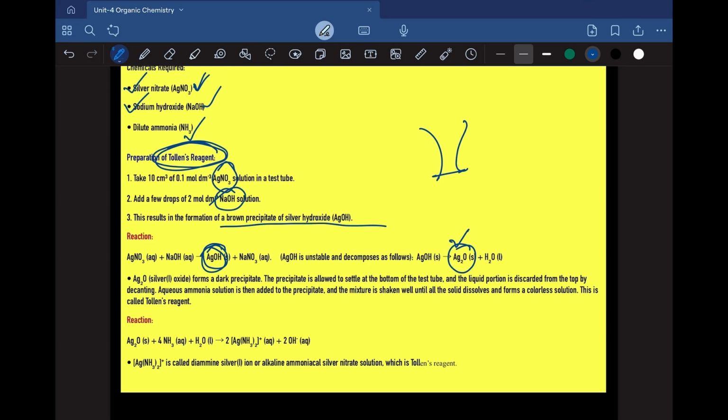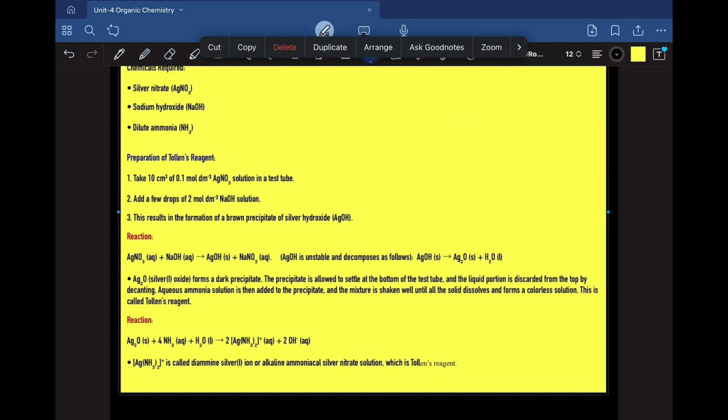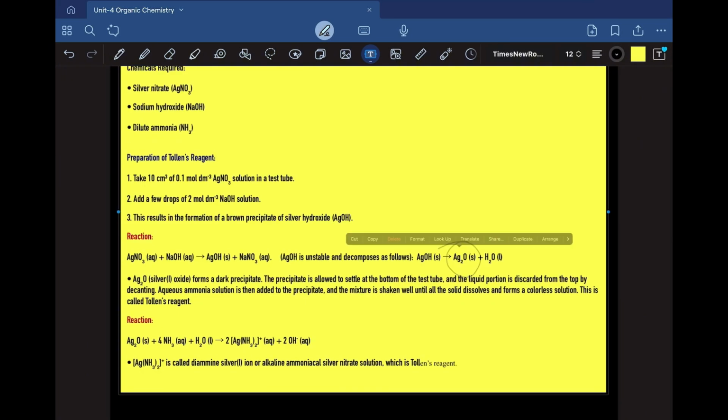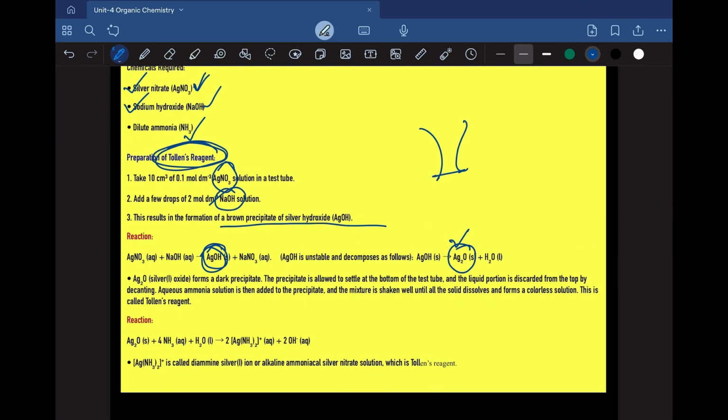Now this Ag2O has formed, and there is also water. This Ag2O will be a precipitate, so we will let it settle at the bottom of the test tube, and the water portion will be discarded from the top by decanting.